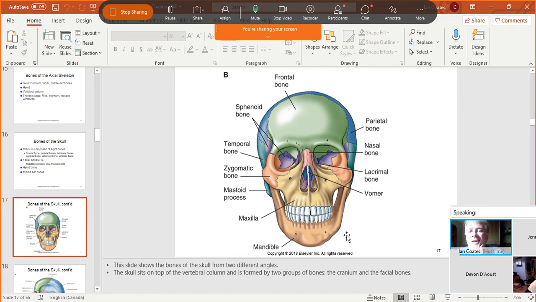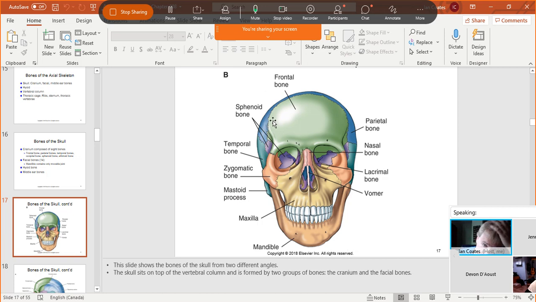On top of, up in here, this is your maxilla. Right here, your zygomatic bone, which then connects on to what's called your zygomatic arch, which then connects to the temporal bone right here.